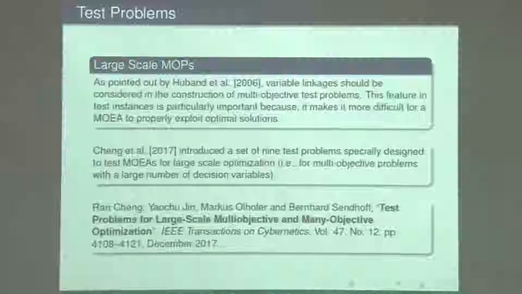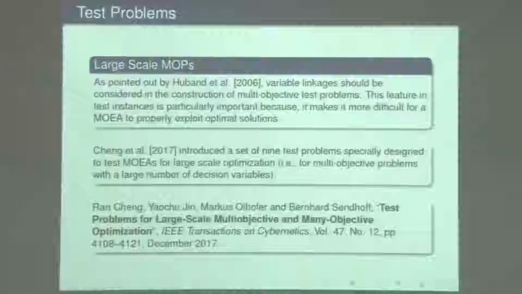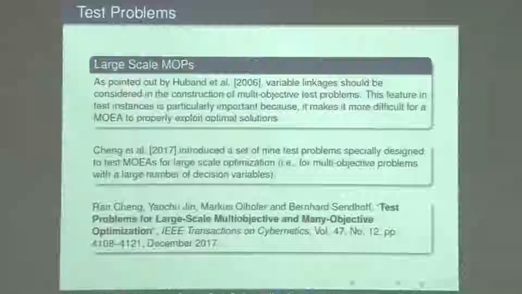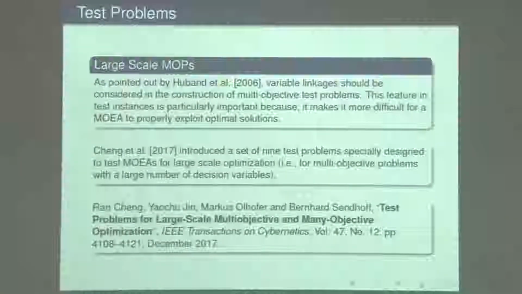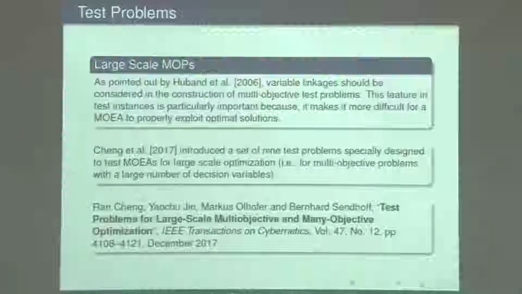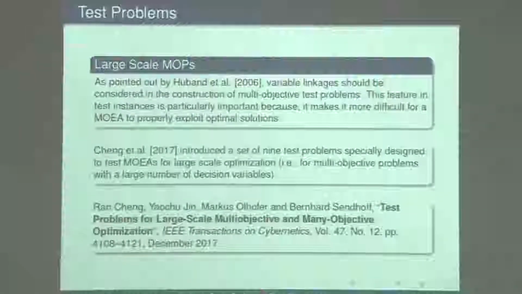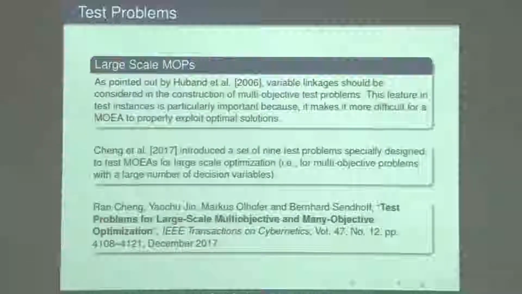Another ingredient that is very interesting to introduce is large scale. For many years, we didn't have a benchmark that considered large scale problems for multi-objective optimization, only large scale for single objective. We had competitions for that for many years.